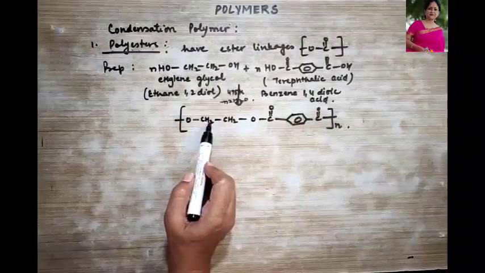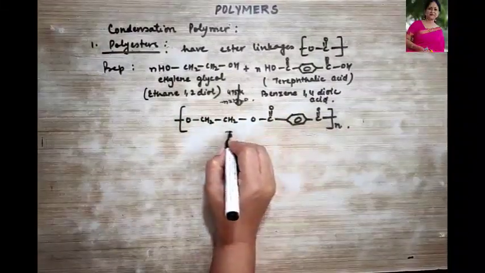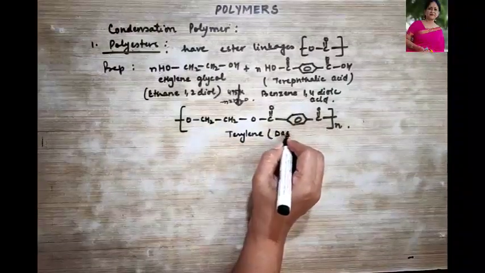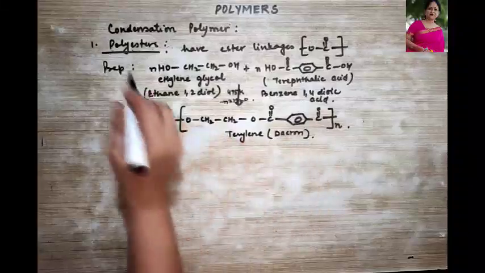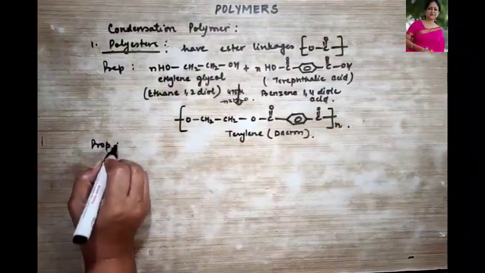One water molecule from here, another from here, thus forming terylene, which is also called Dacron. Dacron is your polyester.